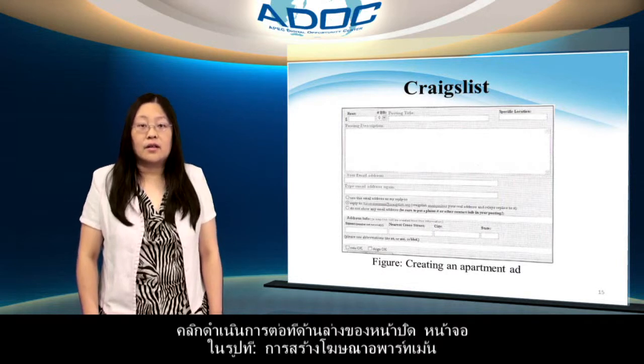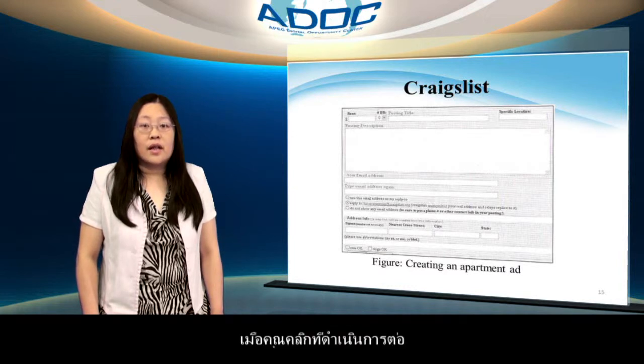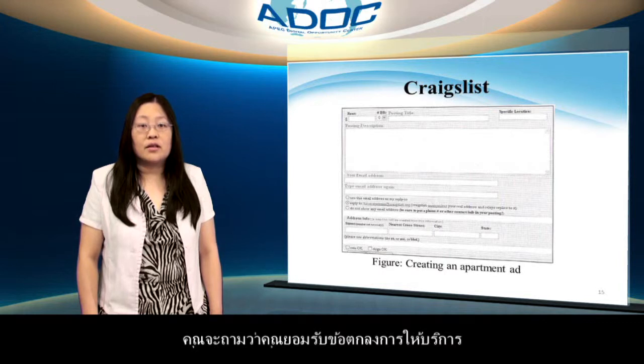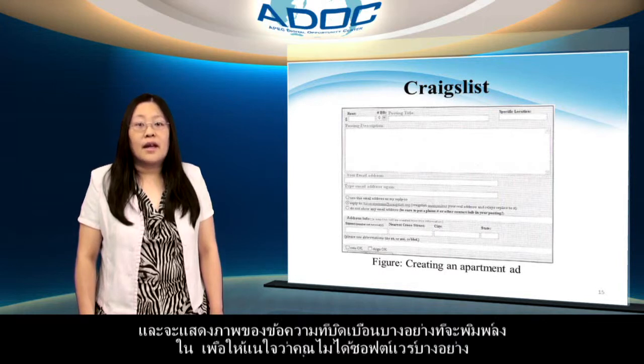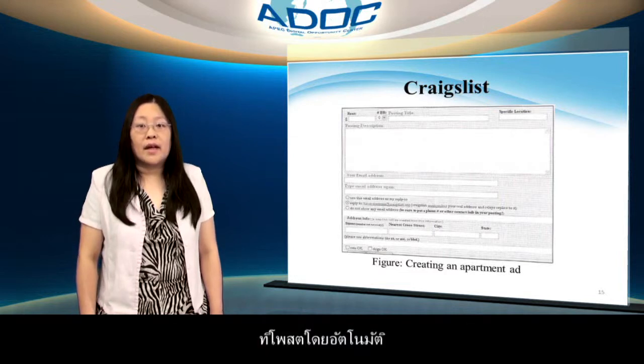Then click Continue at the bottom of the screen in the figure, creating an apartment ad. When you click Continue, you'll be asked if you accept the terms of service and be shown a graphic of some distorted text to type in, to make sure you are not some software that's automatically posting.